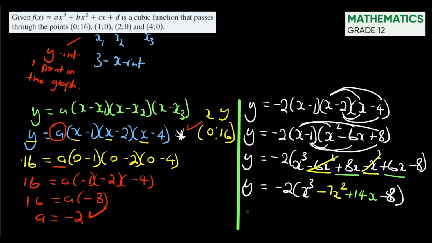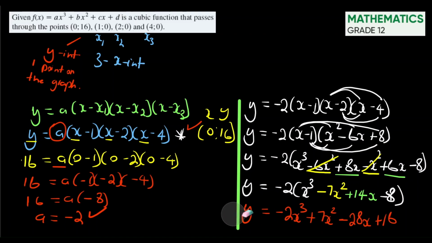So the final step here will be to say y equals, multiply everything by -2. -2x cubed plus 7x squared, because negative times negative is positive. Then minus 28x, -2 times 14, and positive 16. And we would have answered our question.